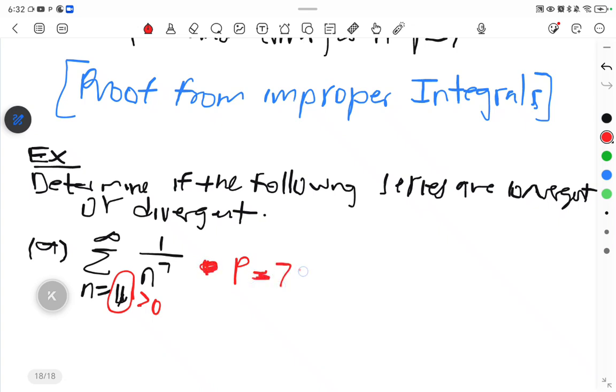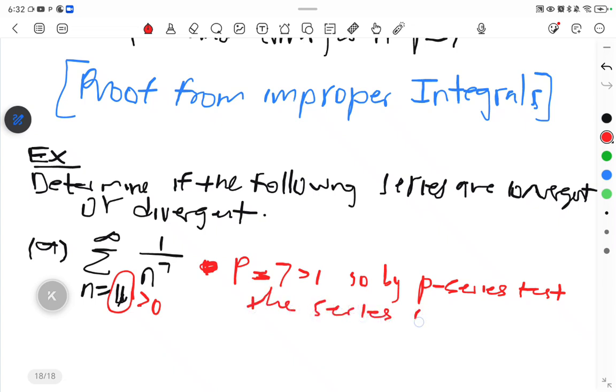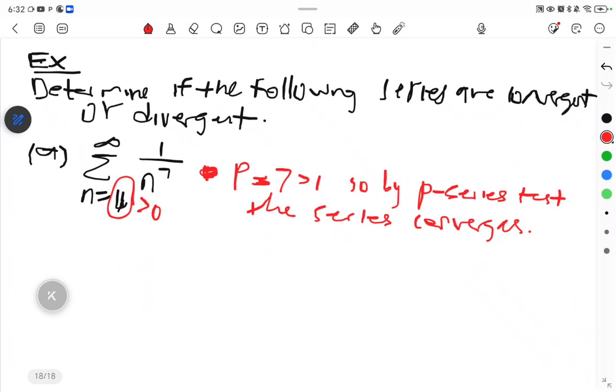You see, right? So by P series test, the series converges. As long as that is greater than 0.